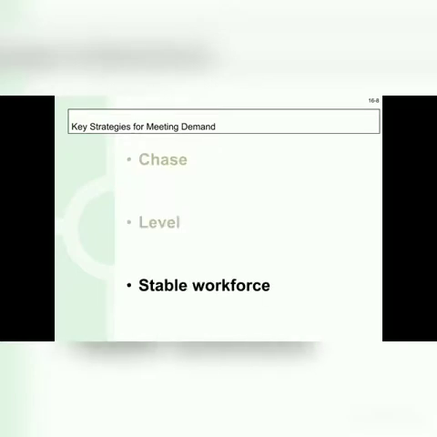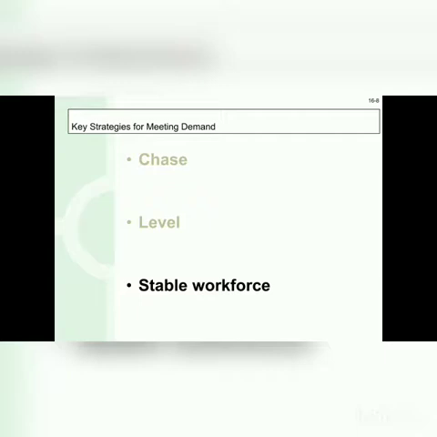Now let's talk about the key strategies for meeting demand. Chase, level, and stable workforce. These are three key strategies for meeting demand. In chase, we will always try to adjust our capacity according to the demand in the market.